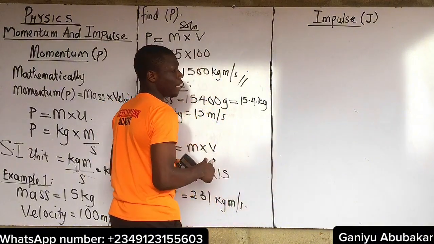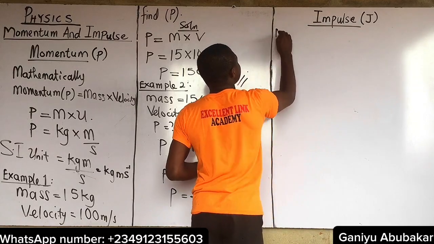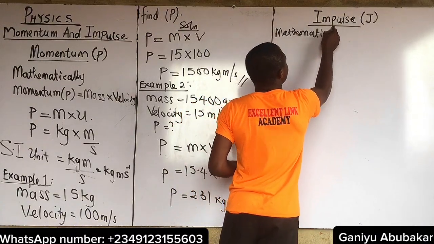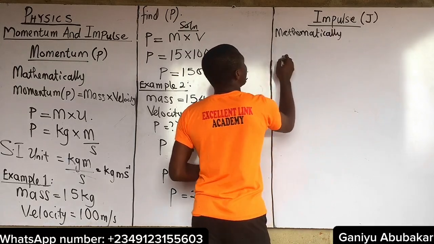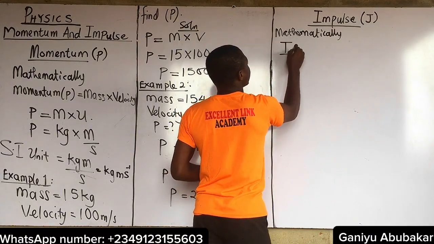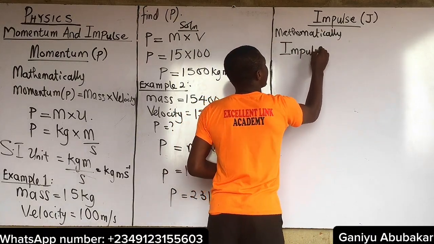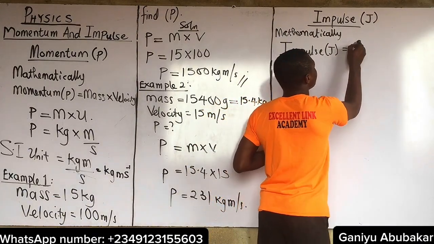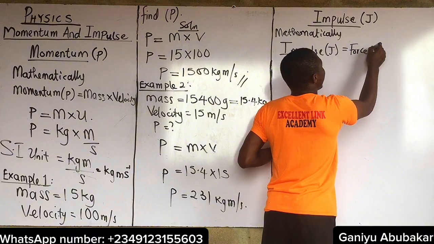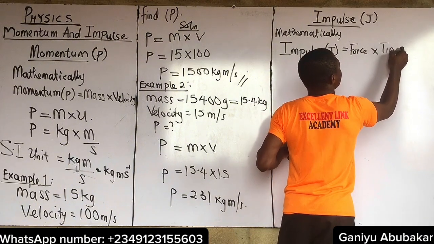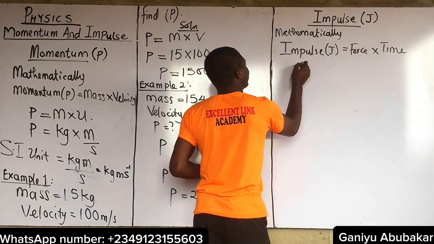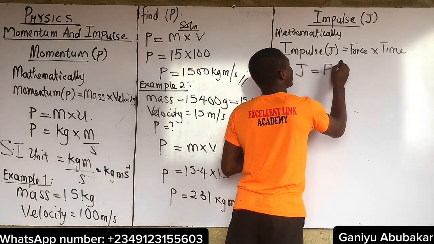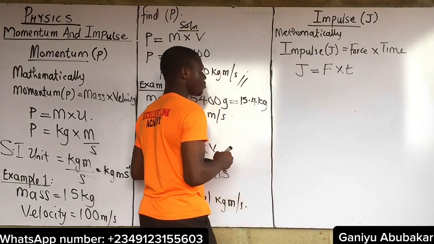At this point, mathematically, I'm saying that impulse, which is J, is equal to the product of force and time. So impulse J is equal to force times time.